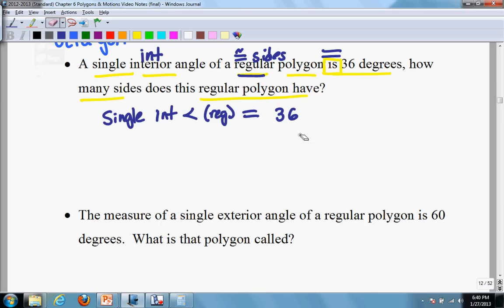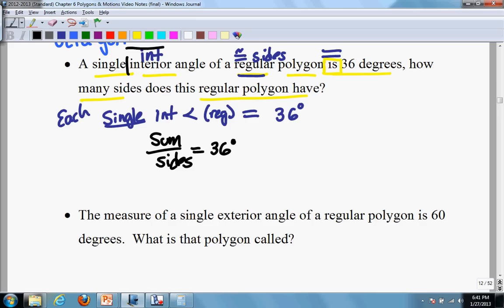And the song says, each angle of a regular polygon, sum over sides, ain't this fun? Sum over sides equals 360. Now we're dealing with an interior, so we have one more step here. The sum of interior angles, sides minus 2 times 180. And then sides is n again, so 36. I keep wanting to say 360.